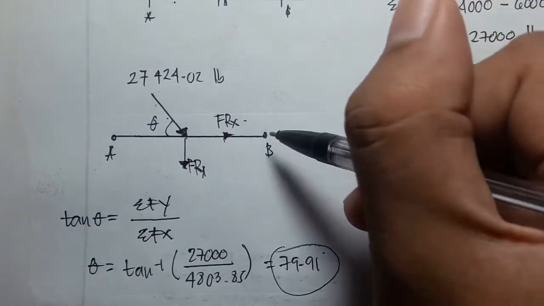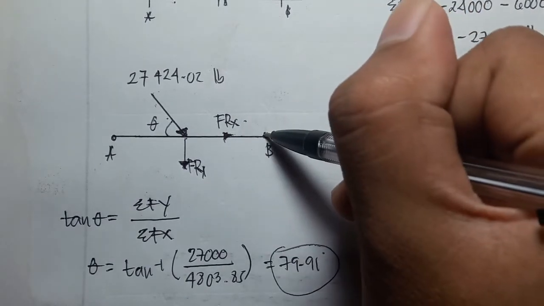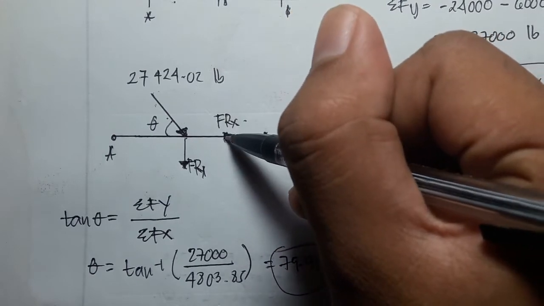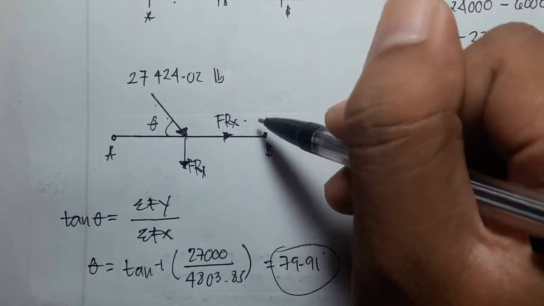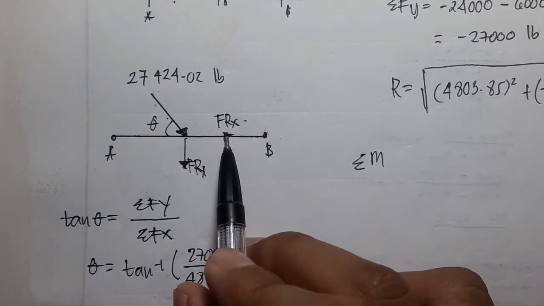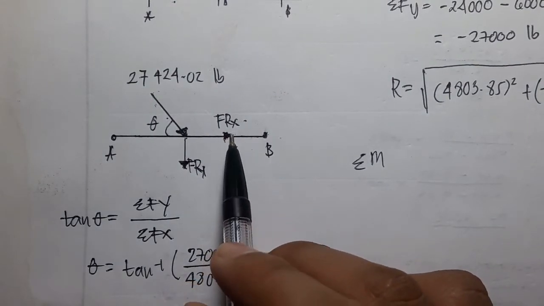This FRx would become 0 because if we sum up moment at B, this FRx goes directly towards that point, so the distance is 0.